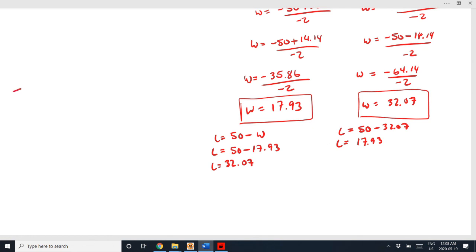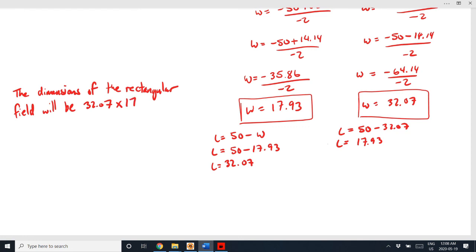So the dimensions of the rectangle will be 32.07 by 17.93. Okay, so we can either take it as the width or the length, and we would get the same answer for an area of 575 meters squared.